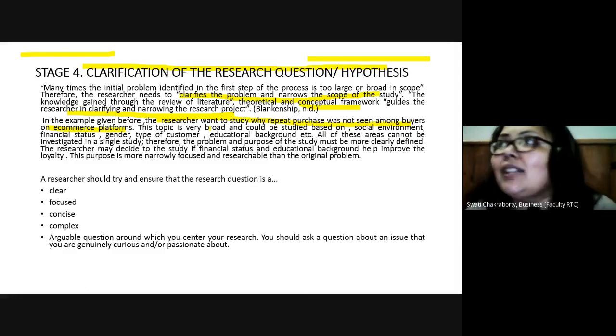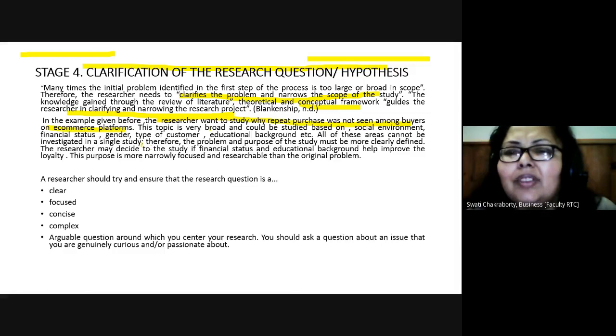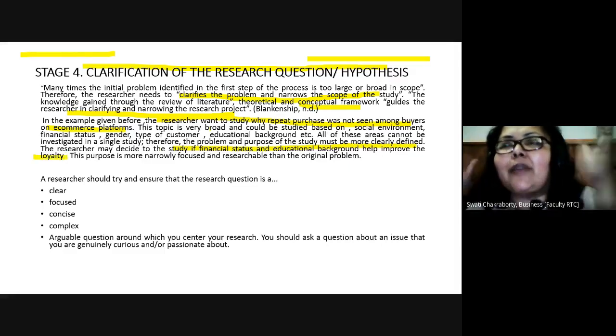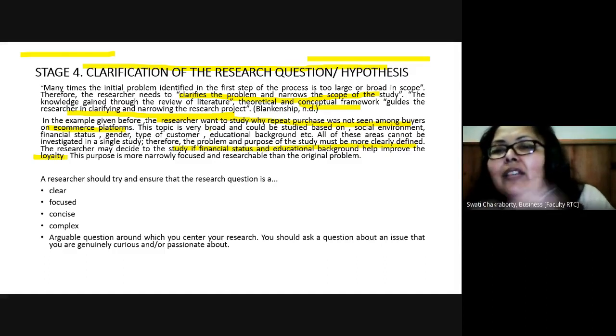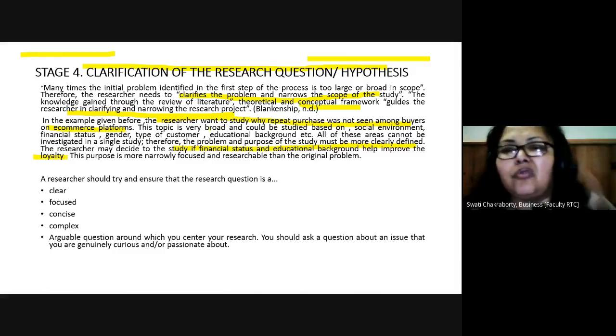But you cannot do everything together. So you need to define your problem and purpose of the study very clearly. So you may want to study whether financial status and economic background helps to improve the loyalty. So you are narrowing down your problem and focusing. You restructure your original problem and make it more focused.